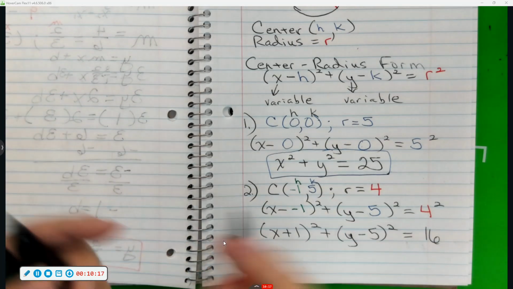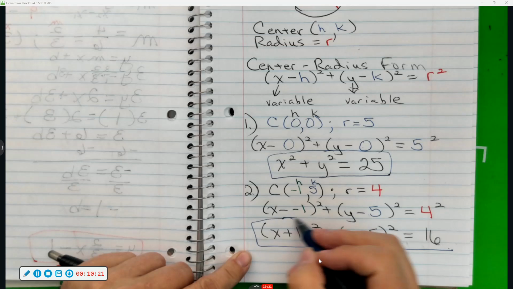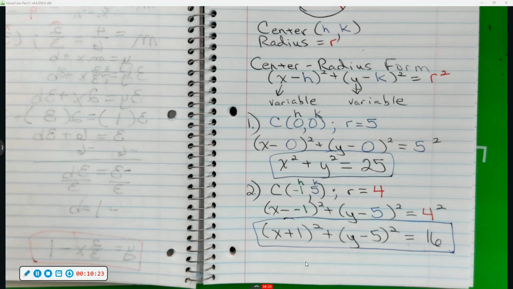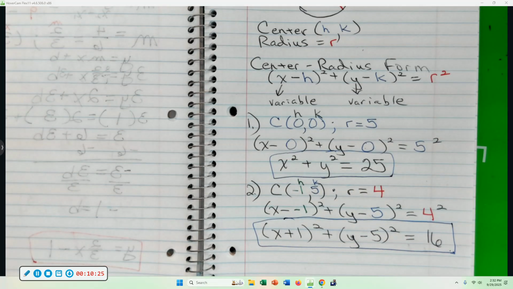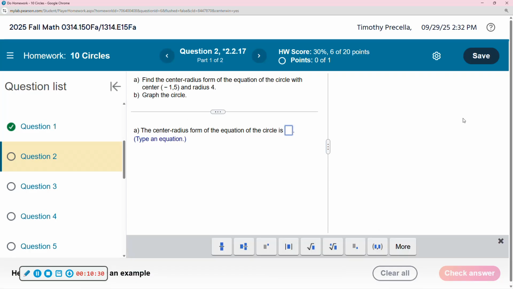For my final answer, typing it in, you have to use the parentheses: left parenthesis, x plus 1, right parenthesis, and then the superscript square.